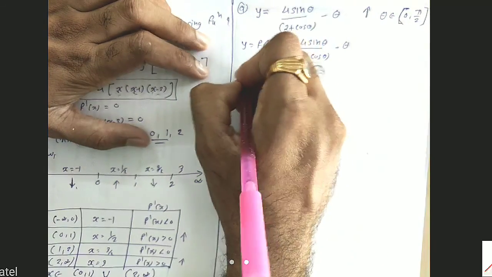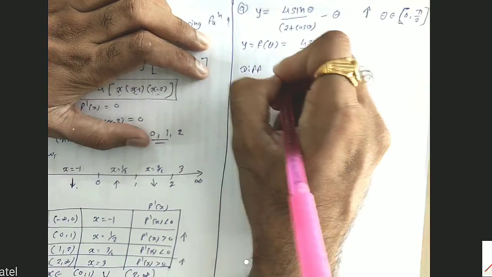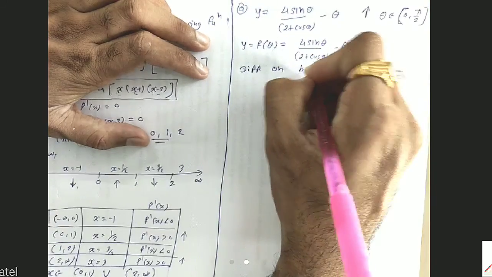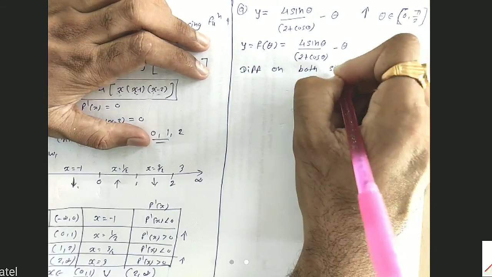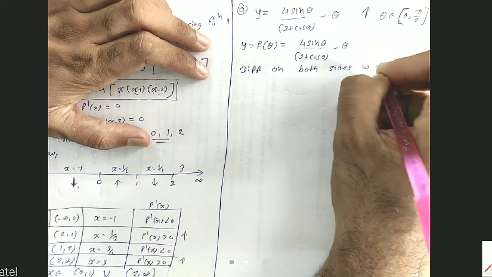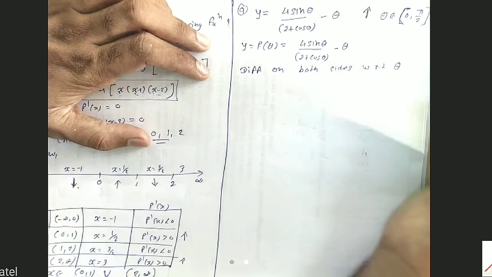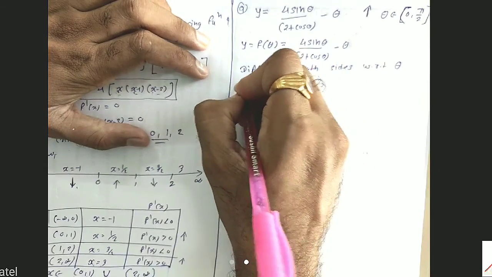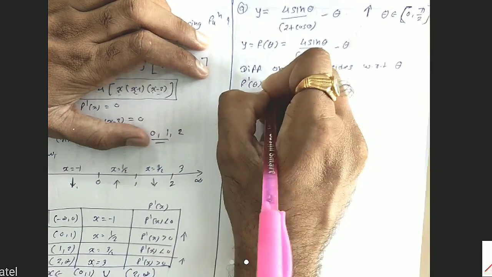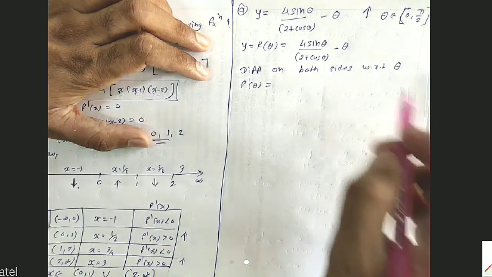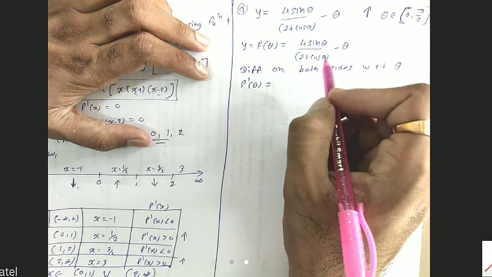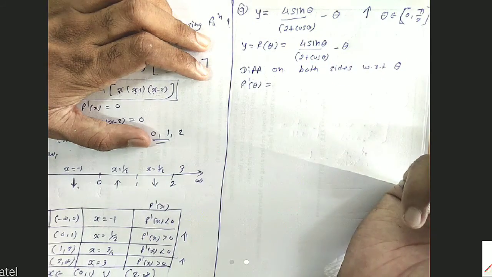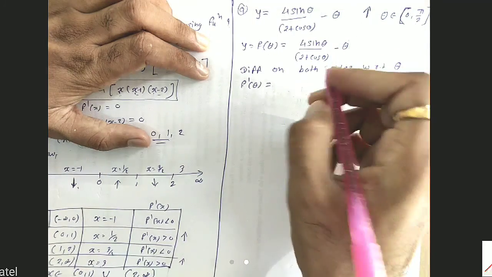So differentiate on both sides with respect to theta. So differentiation of f of theta is f dash theta. Now equal to 4 sin theta upon 2 plus cos theta. So again you have to apply quotient rule.